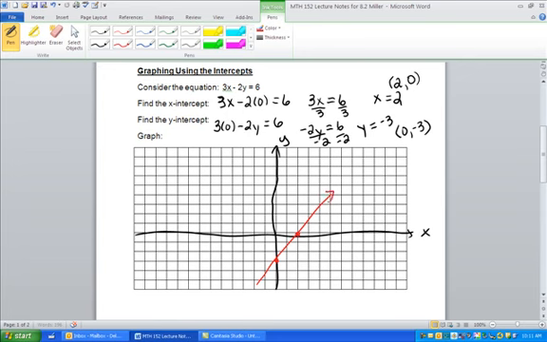And we can graph our line using the two intercepts. So we have 2, 0 here. That's the x-intercept because it's on the x-axis. This one, 0, negative 3, is the y-intercept because it is on the y-axis.